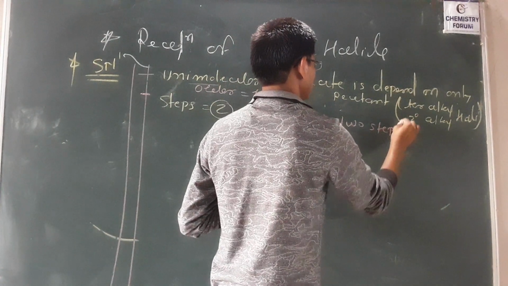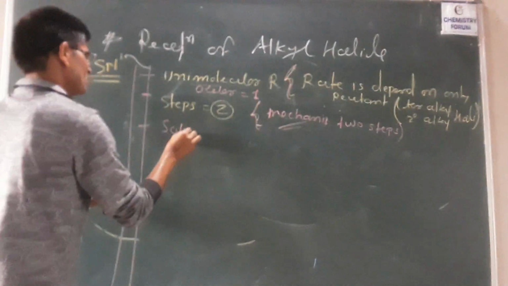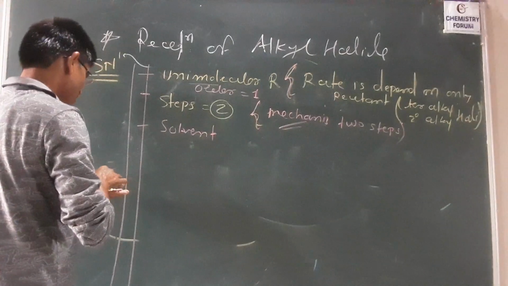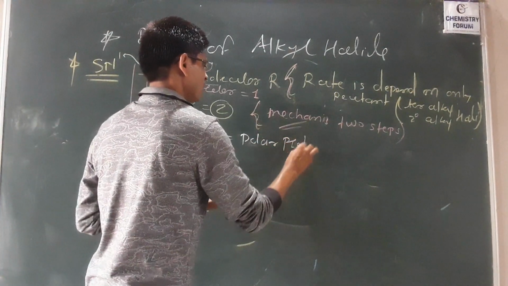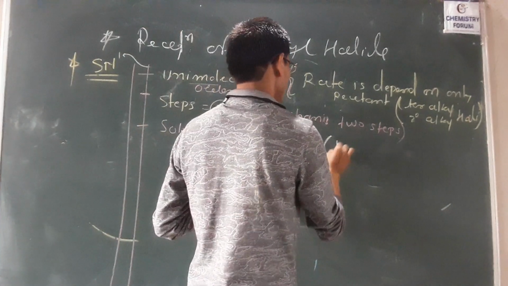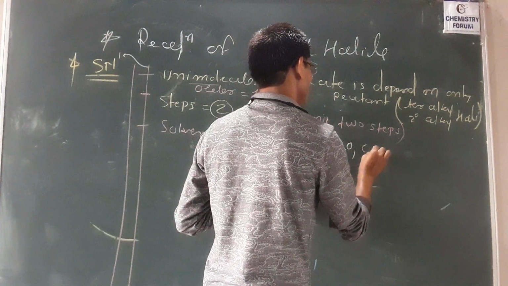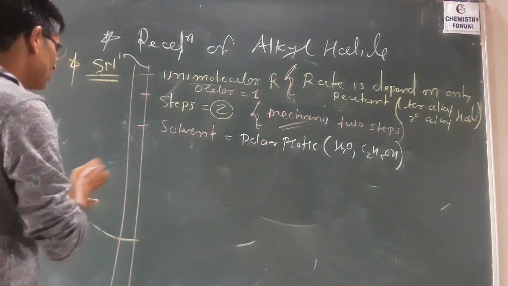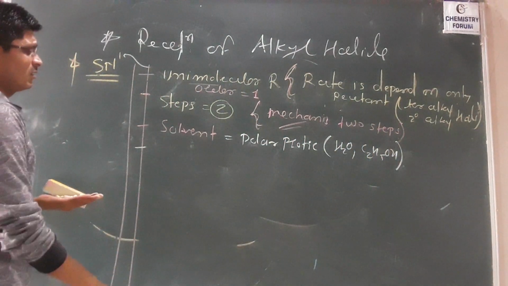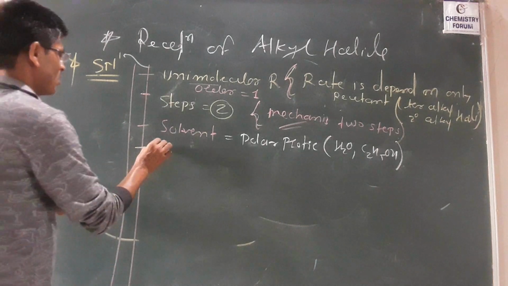According to the mechanism, there are 2 steps. The solvent used is polar protic solvent, that is, water molecule, C2H5OH ethanol. Okay, next one is that we are having the SN1 type of the reaction.